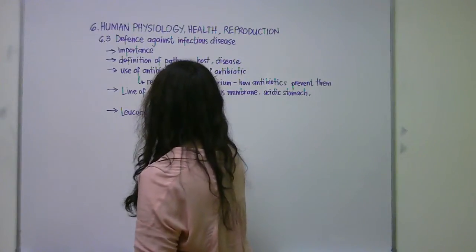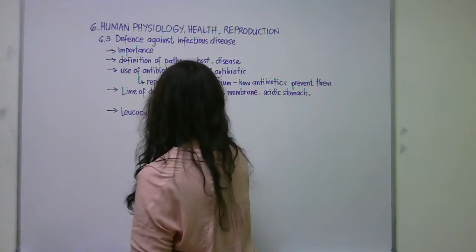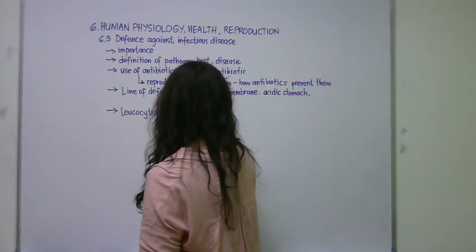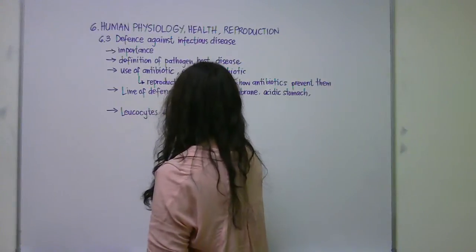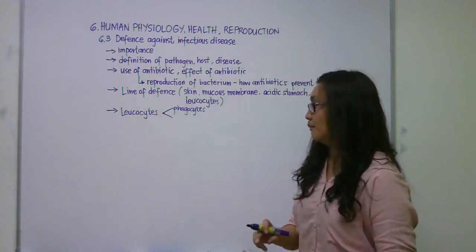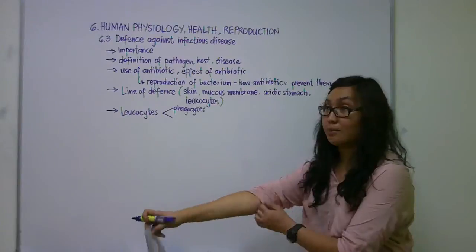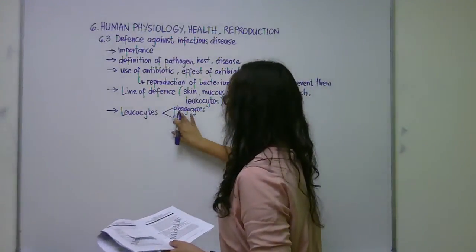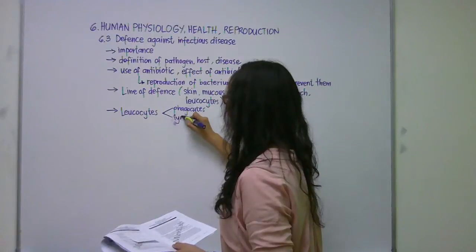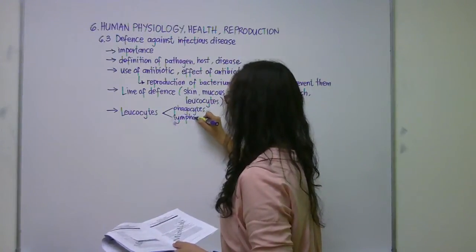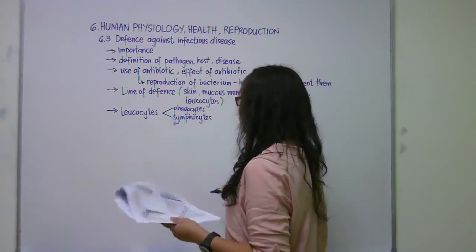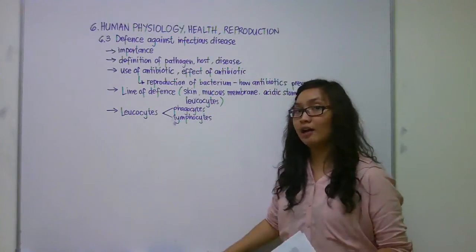Once we have identified the difference between these, we have to indicate how they function in the body. In the case of phagocytes, they are capable of engulfing foreign matter, or engulfing a pathogen.